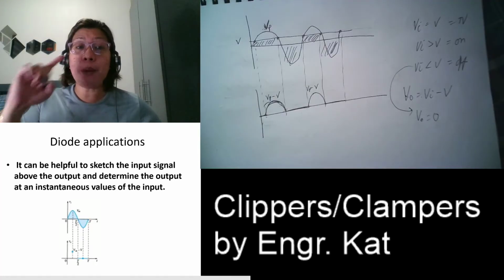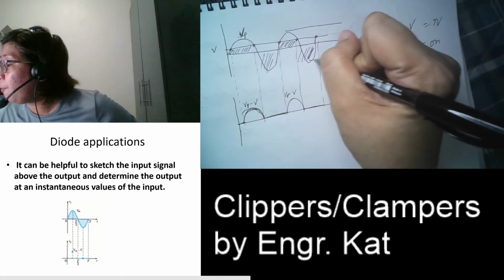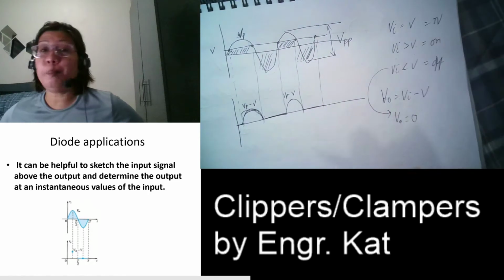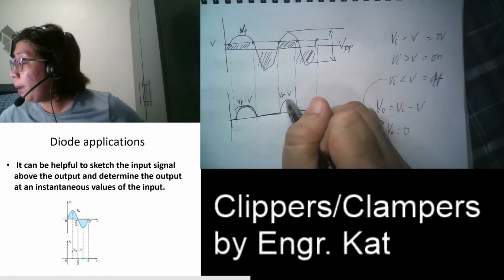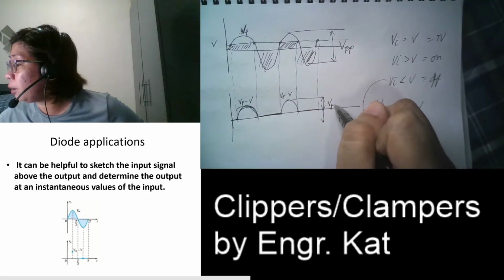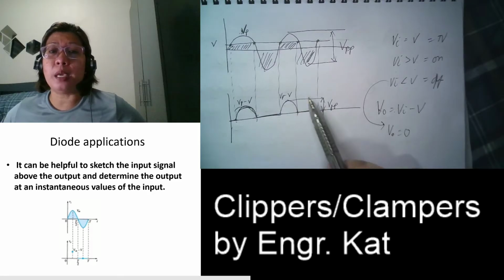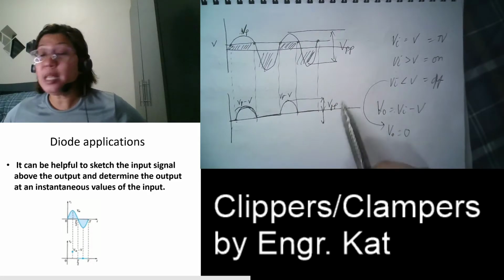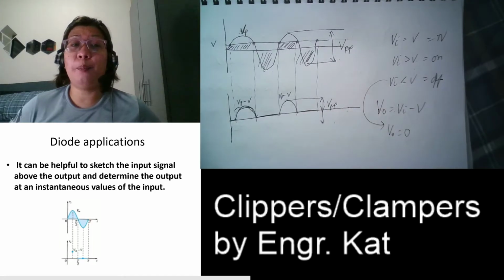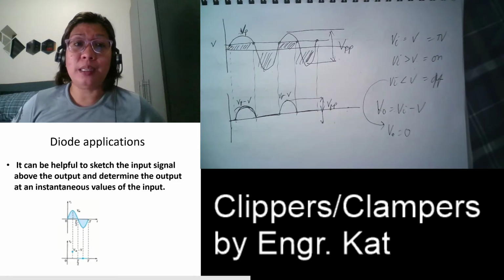So always remember, class, in a clipper circuit, if we get the peak-to-peak voltage of this, it is always lesser than the peak-to-peak voltage here, because this is already what is left, which is equivalent to Vp minus V. Since this is lesser than this one, we have a clipper circuit. That means a portion of our signal was removed.